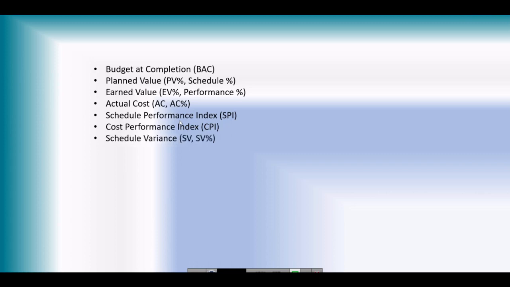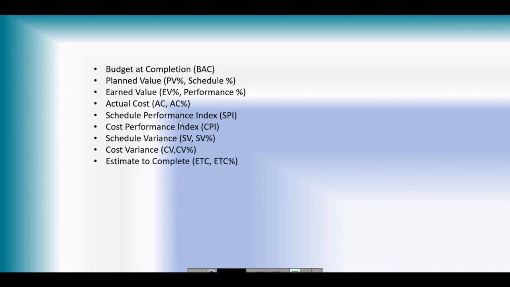Schedule variance is also a parameter which tells me, in the form of percentage, how much I am behind or ahead. Cost variance is also a parameter which tells me, in the form of percentage or value, how much I have spent more or less than the earned. Estimate to complete, there are 2-3 formulas to calculate this.